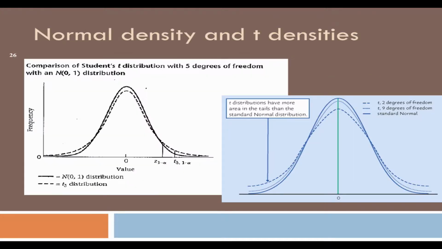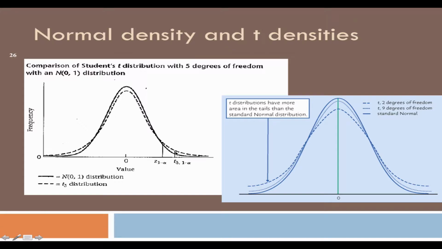So this curve compares the t distribution with normal distribution. The solid black curve is the standard normal, normal 0, 1. And then we have the dashed line, which is very similar but with a little bit of heavier tail.